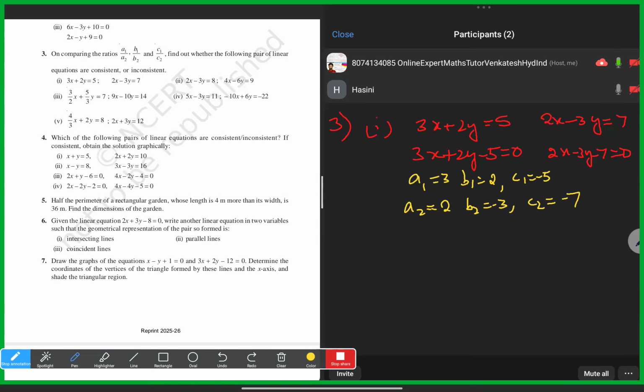I wrote A1, B1, C1 from the first equation, A2, B2, C2 from the second equation, by comparing with A1x plus B1y plus C1 is equal to 0 and A2x plus B2y plus C2 is equal to 0. Already we know how to write the ABC values.